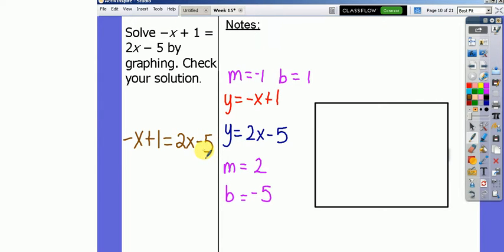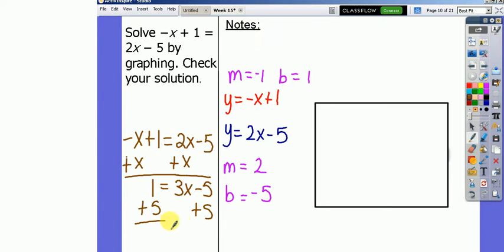You could add x, and you would get 1 equals 3x minus 5. Add 5, and get 6 equals 3x. And so you would get x equals 2, right? Well, that's not illegal. You could definitely do that.